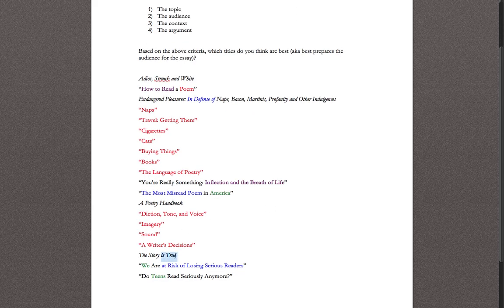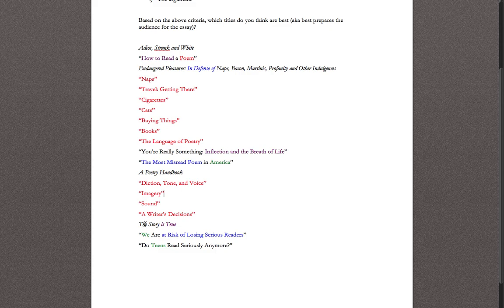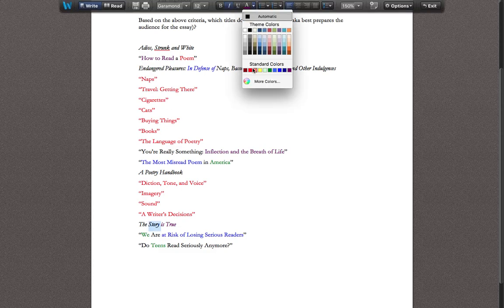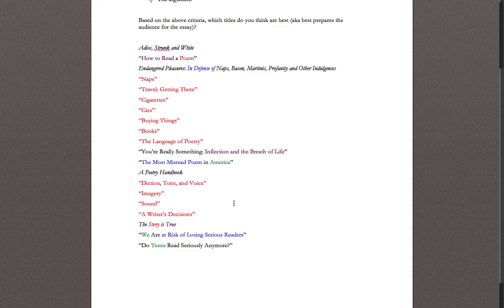This one, we're reading an excerpt later on in the quarter. There seems to be an argument about storytelling and its ability to tell the truth. So we have story, that's the topic, and the fact that it is true, or storytelling is true. It seems to be making an argument or telling us what the purpose of the essay is.